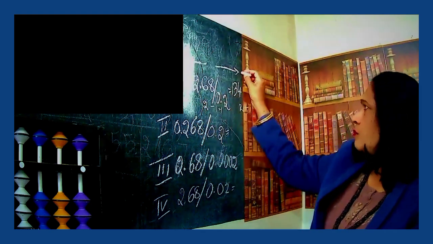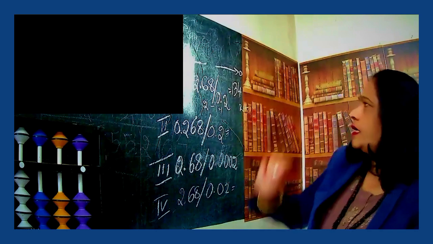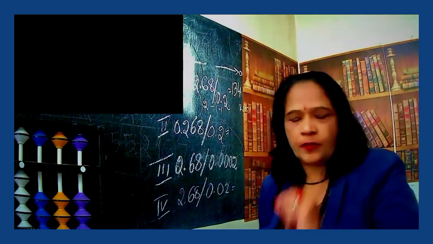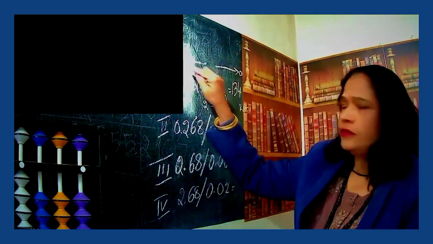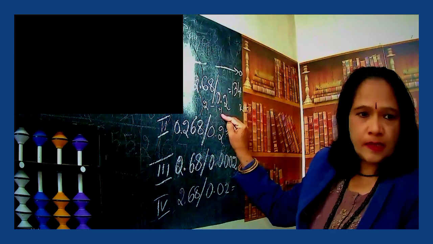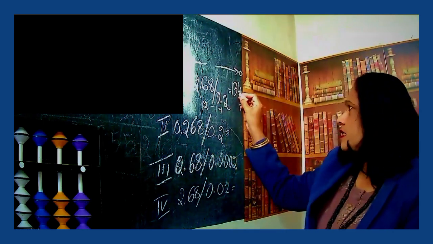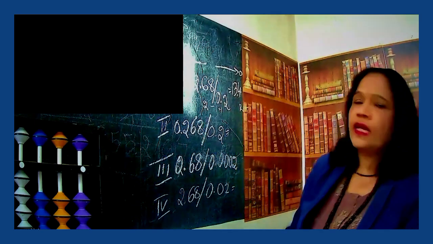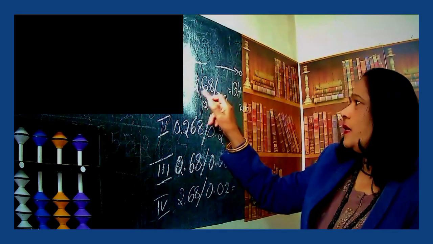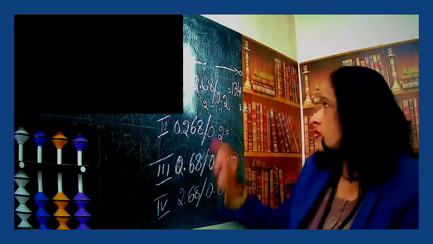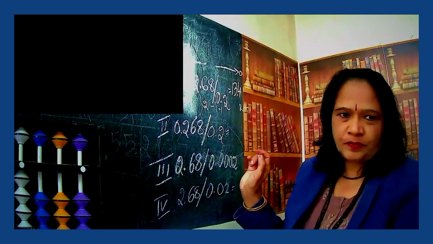If the decimals are more on the right hand side, you should put zeros. How many places do we move? According to the difference, there is only one. So the answer is 13.4. So 2.68 divided by 0.2 is 13.4.